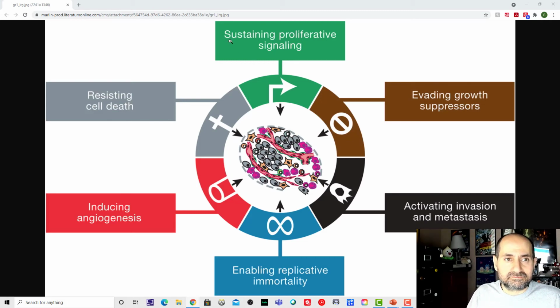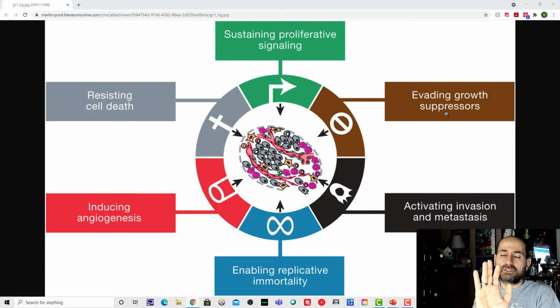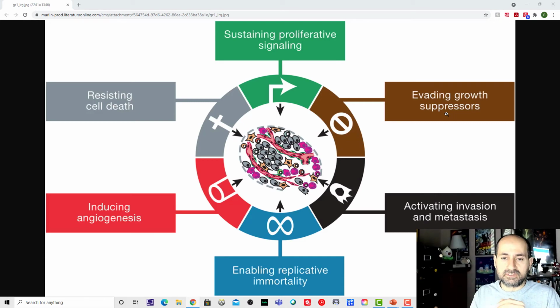And that is, cancer cells sustain proliferative signaling, so they have constant signal to proliferate. Remember, oncogenes? They evade growth suppressors, so tumor suppressors don't work on them. They activate invasion and metastasis genes, right?